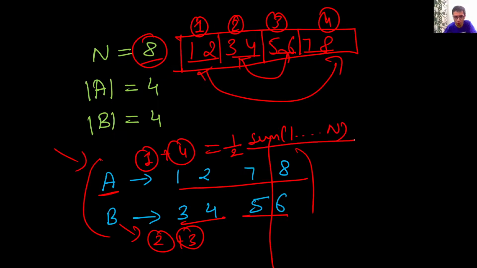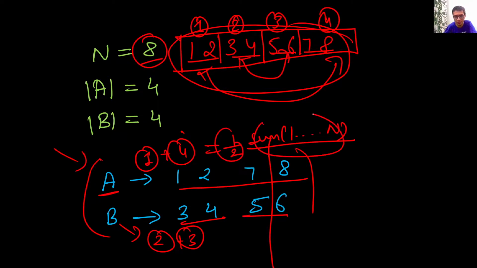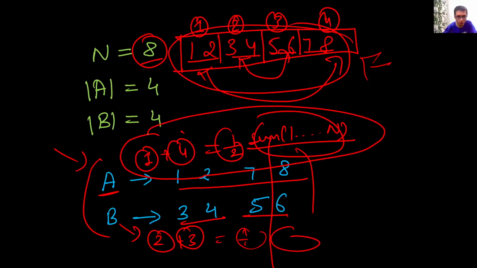Because this is the total sum after adding all the numbers, and A is supposed to have half the sum of this, and B is also supposed to have half the sum of this. On combining these two, I'll get the complete array. So let's try to prove that 1 and 4 on combining form half of the sum of numbers from 1 till n, and if we prove this, the other would automatically get proved.